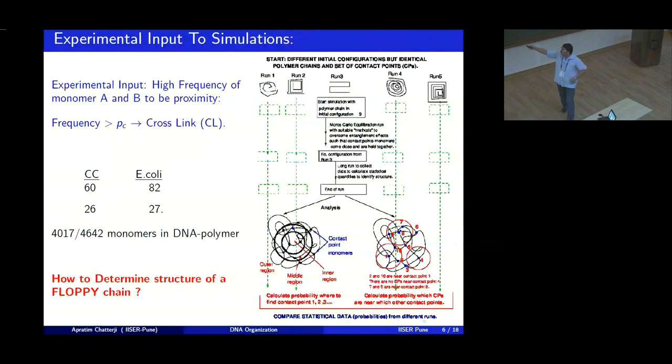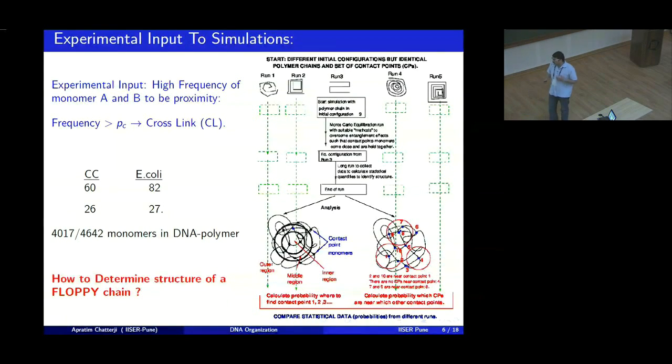So when I put different initial conditions, I just make them into a circle or a square or a cube without keeping any constraints about how far these crosslink monomers will be, and now allow them to relax, 9 independent runs, and after it has relaxed, I measure structural quantities and compare across 9 different runs. Starting from very different initial conditions, if they show same structural properties, I would say that, okay, the crosslinks are leading to some sort of organization.